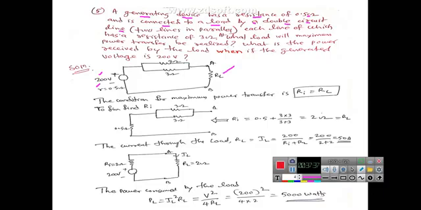Each line has a resistance of 3 ohm. At what load will maximum power transfer be realized?